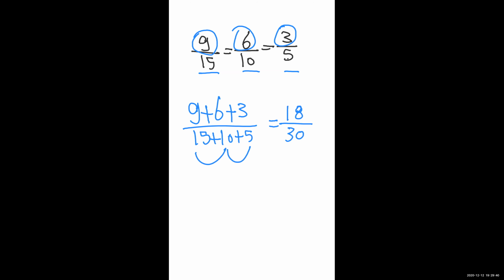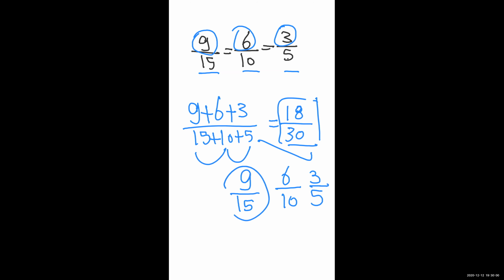Let's simplify this one. I'm going to divide it by 2. So if I divide the two terms by 2, it will equal 9 over 15. If I divide it by 3, 6 over 10. If I divide it by 6, 3 over 5. So this ratio is also the same as all these ratios, one from the given ratios.